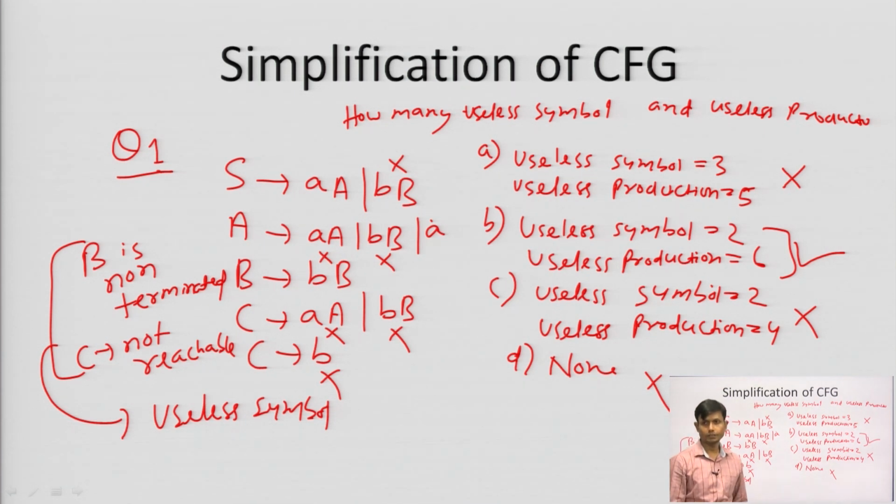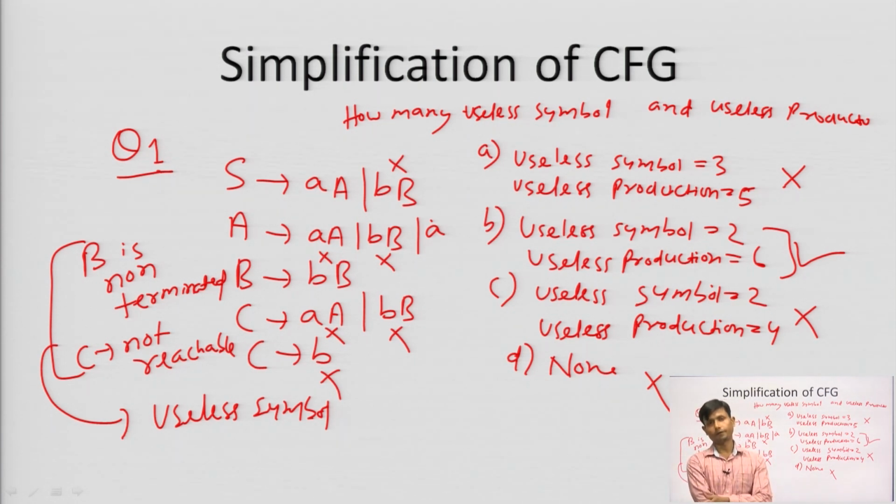This type of question came many times in the GATE exam or competitive exams. Sometimes a grammar will be given, where unit productions and epsilon productions may be present, and useless productions too. After removing them, four options will be given and you choose which one is the correct grammar after simplifying the context free grammar.